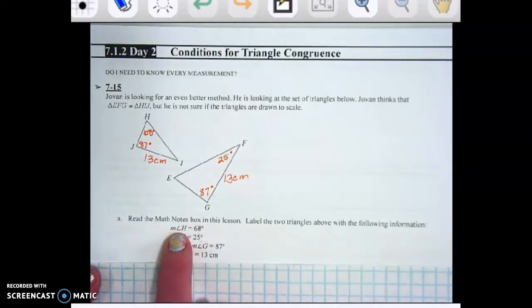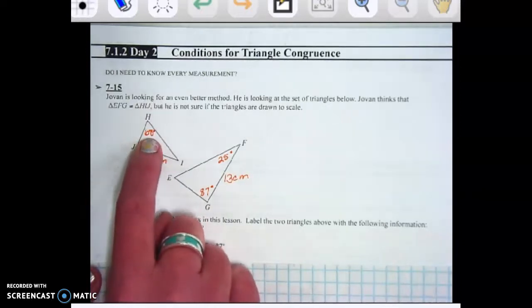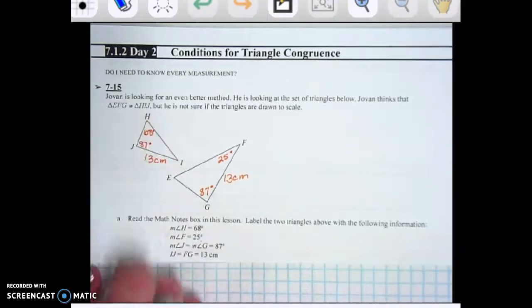The first thing they want you to do is find angle H. At angle H, it's how many degrees? 68. So you're going to find H, and write 68 degrees. Angles are on the inside, so write it on the inside as close to angle H as you can.